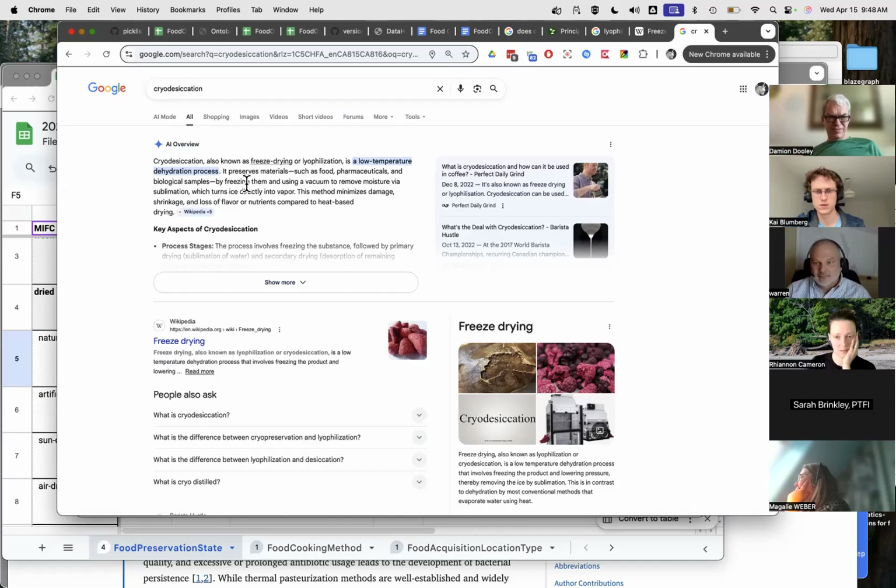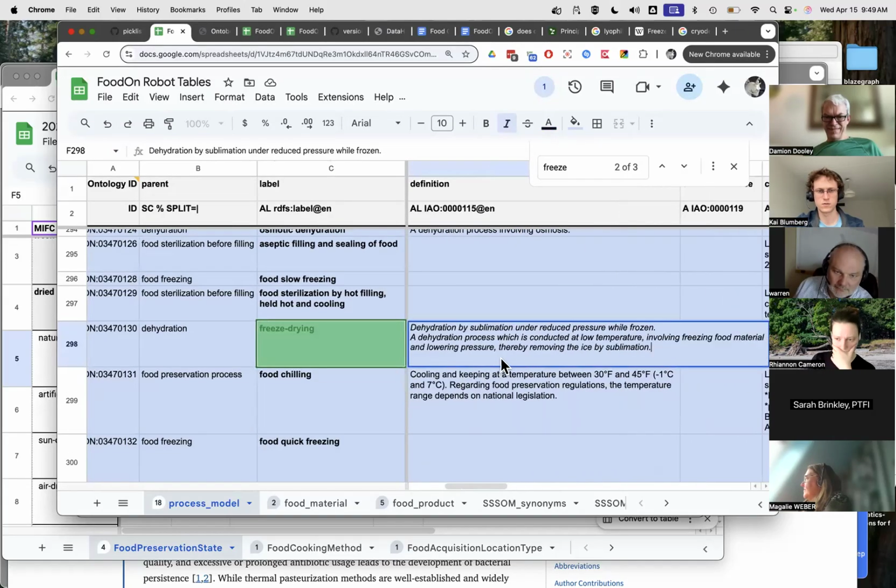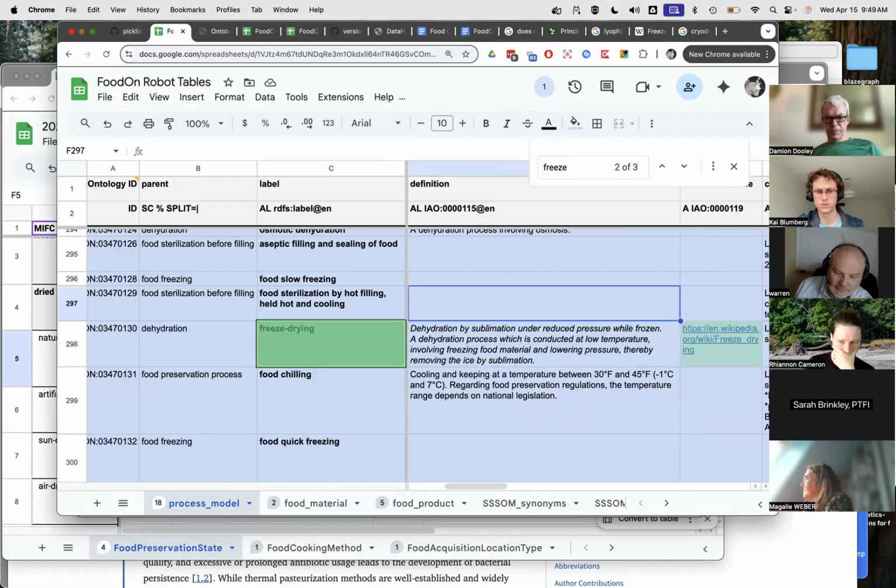Freezing them and using a vacuum to remove moisture. I kind of like that definition. Let's just compare.